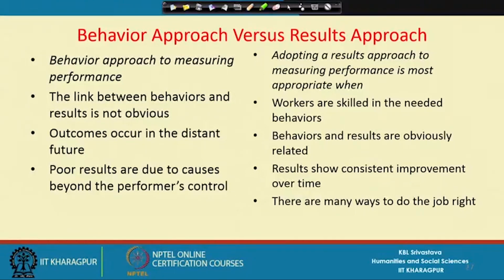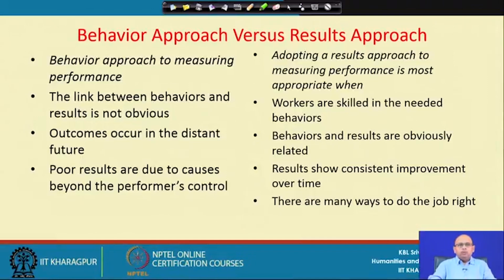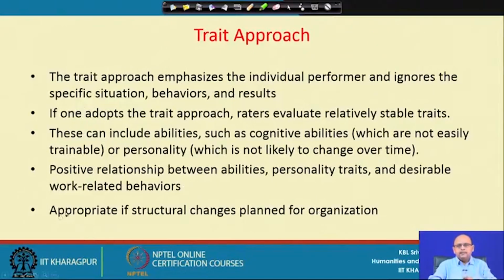There is no best way to do a job, there are alternative ways to do the job. So, are you not going to consider those alternative ways if the job is done in a right way? So, what I am trying to say is that whether you are going to adopt a behavior approach or result approach, make sure that it is linked with each other, the outcome is immediately visible, and you also consider those factors which are not under the control of employees, and make sure that there is a consistent improvement over performance or the result.